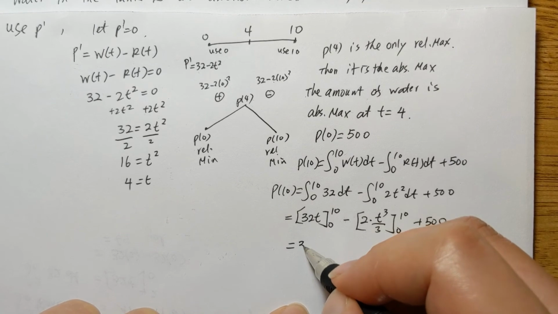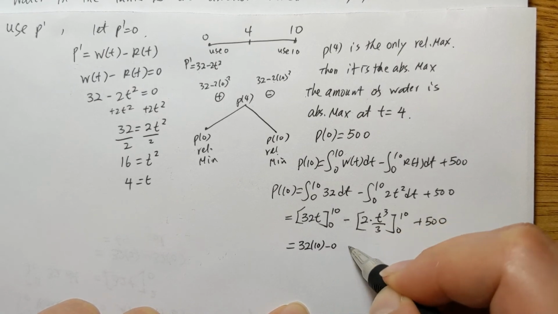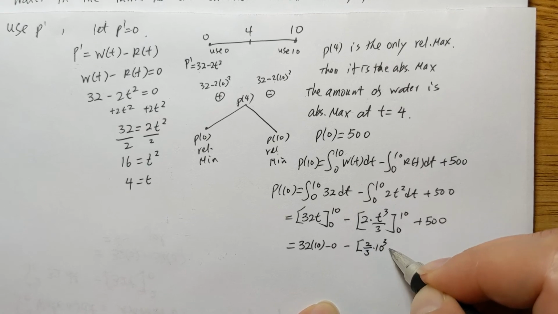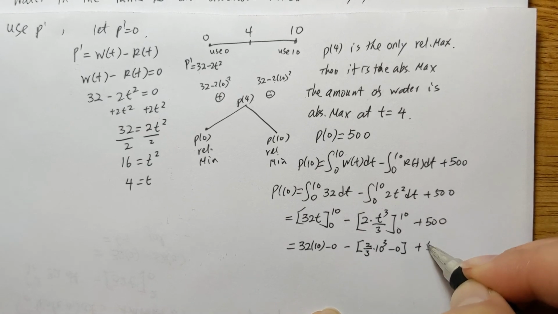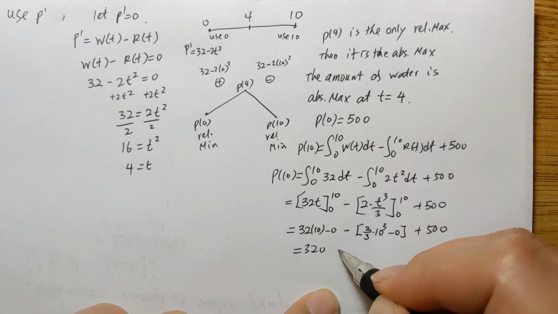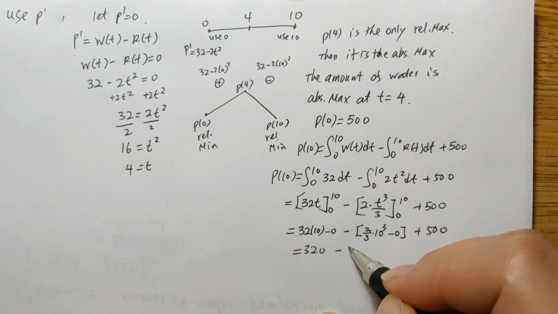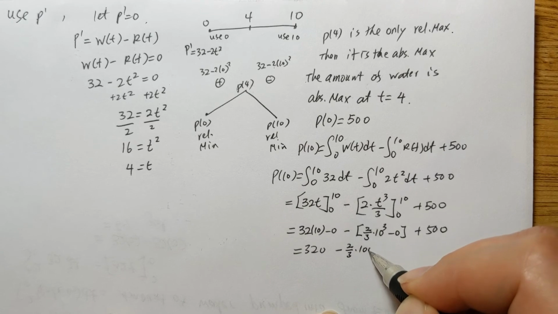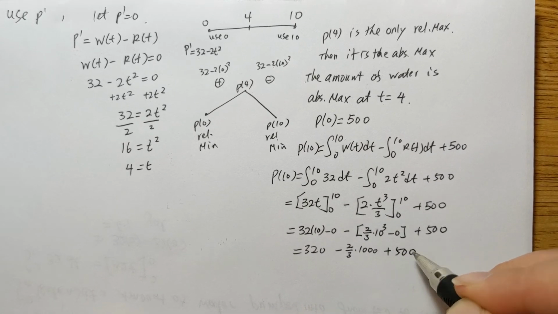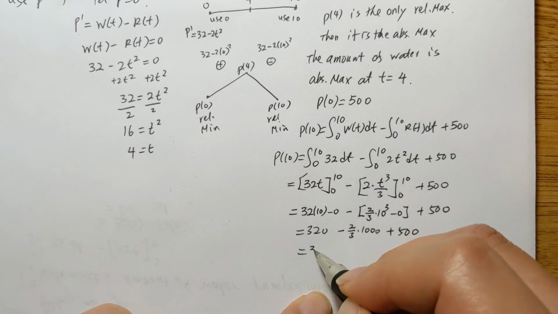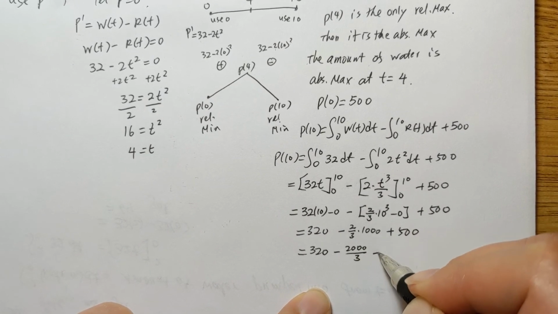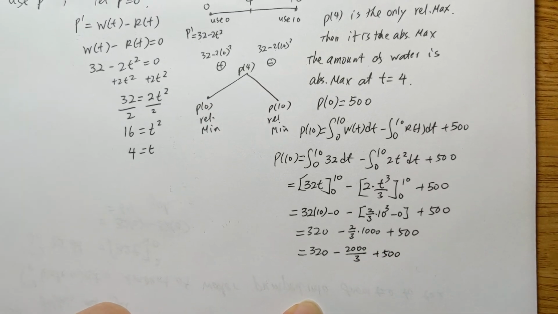So now we got 32 times 10 minus 0. And here we got 2/3 times 10 to the third power minus 0, and plus 500. 320, and minus, so this one will be 2/3 times 1,000. So now I get 320 minus 2,000 over 3 plus 500.